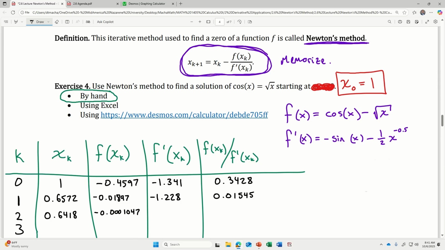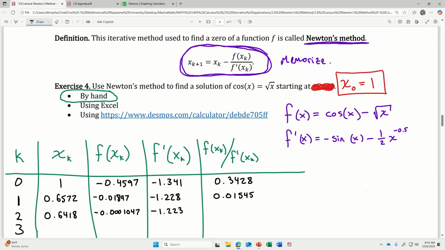And then I take the derivative here. So take negative sine of 0.6418 minus 1/2 times 0.6418 raised to the power negative half. And you will get negative 1.223.